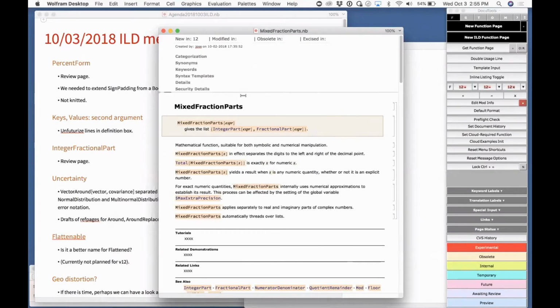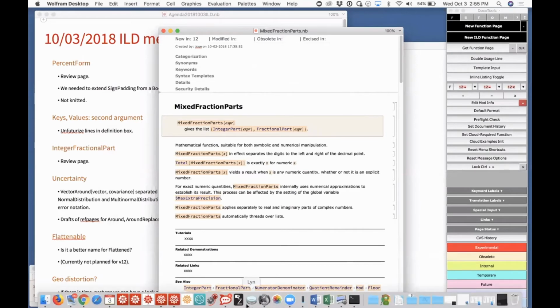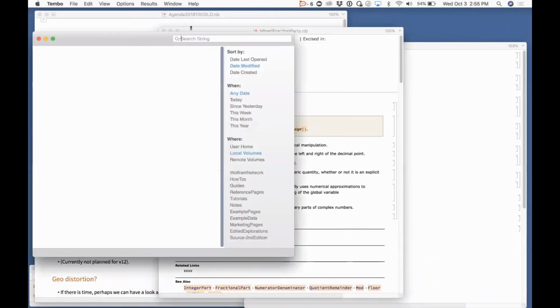Now, I mean, this probably wants to find its way onto the elementary math pages. Let's not do this knitting right now. See if you can knit this. Okay. Unless, well, let's just see if we can find where integer part is.